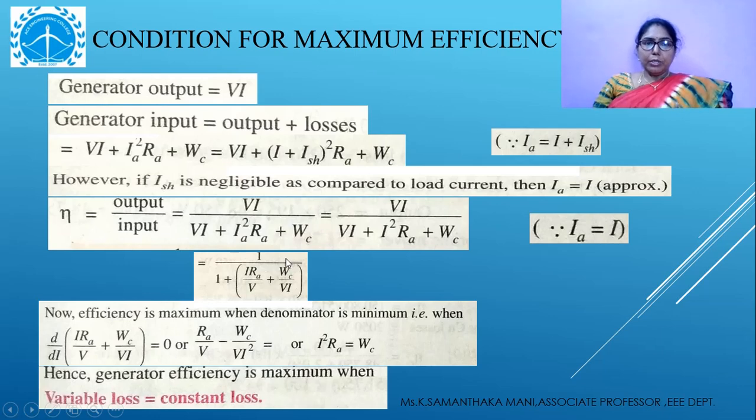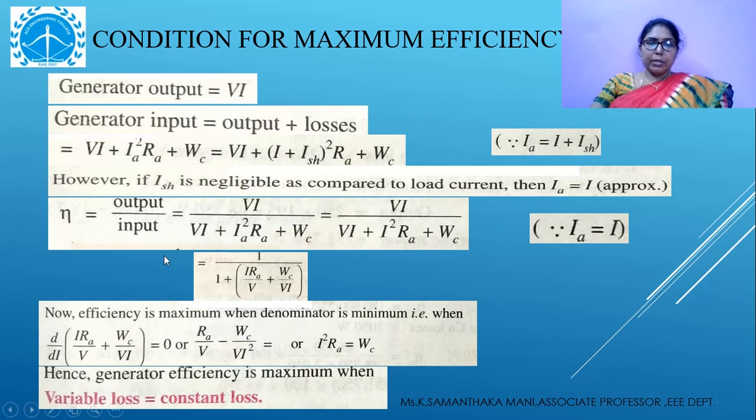Now I would like to get the condition for maximum efficiency. To get that, differentiate the denominator with respect to the variable and make it equal to 0, like we learned in mathematics. Here, what is the denominator?